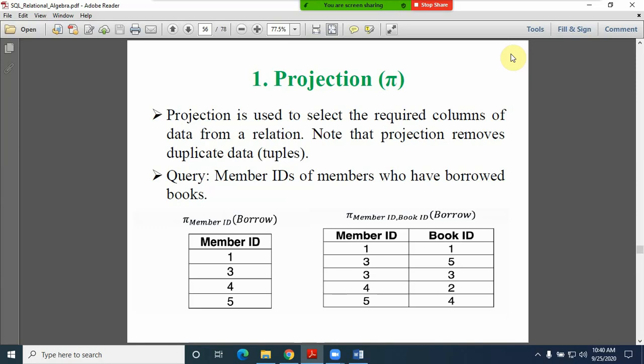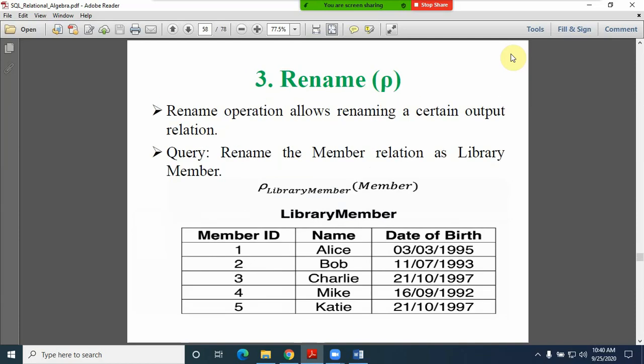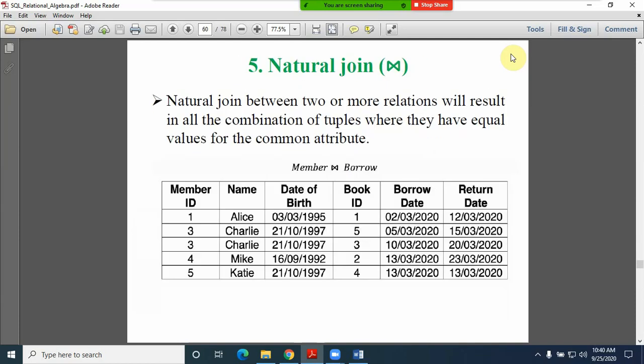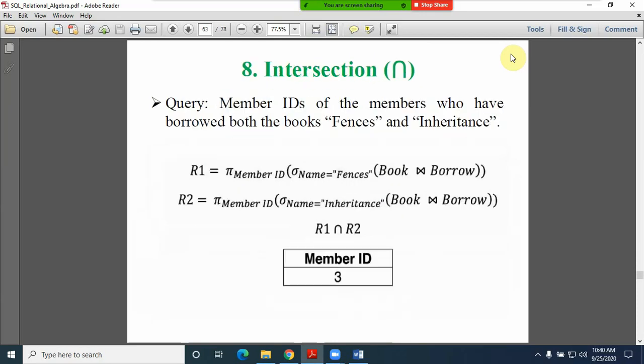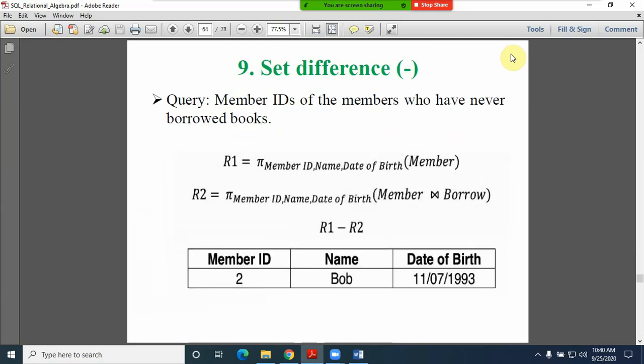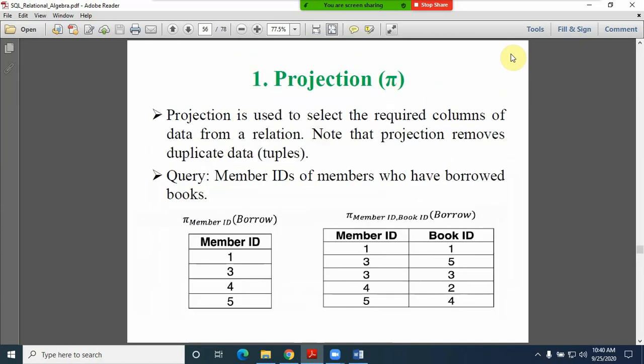Likewise we have different terminologies. Similarly, relational algebra has terminology like projection, selection, and thereafter rename, cross product, natural join, conditional join, union, intersection, set difference. So we have 9 different operations that we are going to see as part of our study.